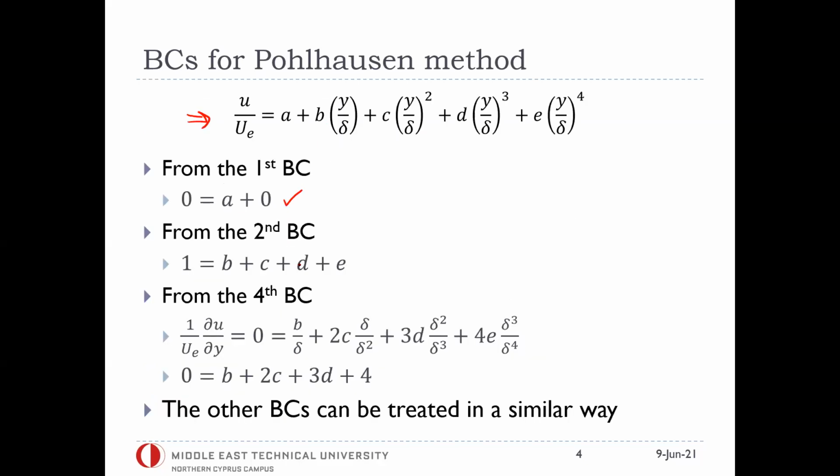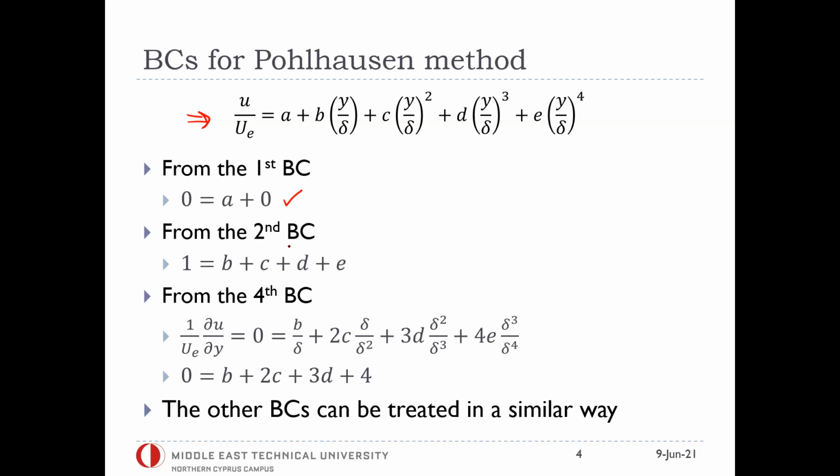So when we insert delta, all the y over delta values become equal to 1, and u is equal to uh, so the left-hand side is also equal to 1. So we get 1 equal to b plus c plus d plus e. So we get one equation from it. By the way, we need 5 equations to solve the full set, and we have 5 conditions.